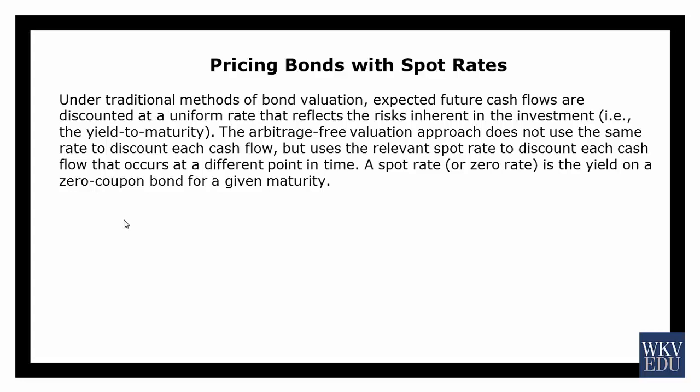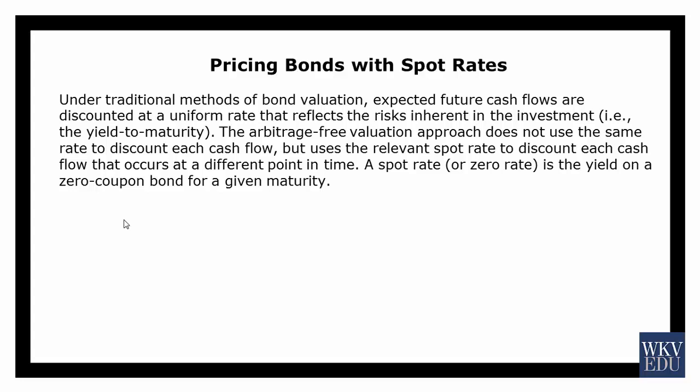That is something that you need to do at level 2. Just keep in mind that the yield to maturity discounts each of the bond's expected cash flows at a uniform, that is, yield to maturity rate to determine the value of a bond, while under arbitrage-free valuation, the individual discount rate that corresponds to each individual cash flow, that is, each year's spot rate, is used to determine the present value of a particular payment.